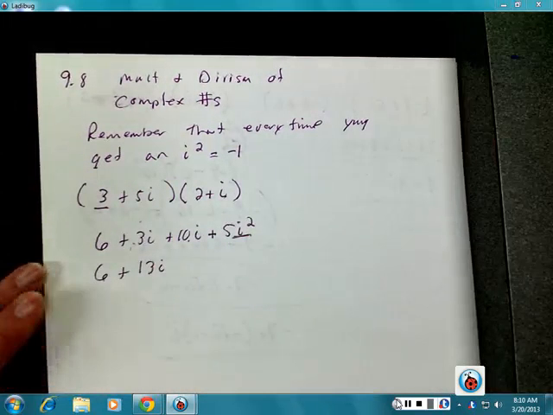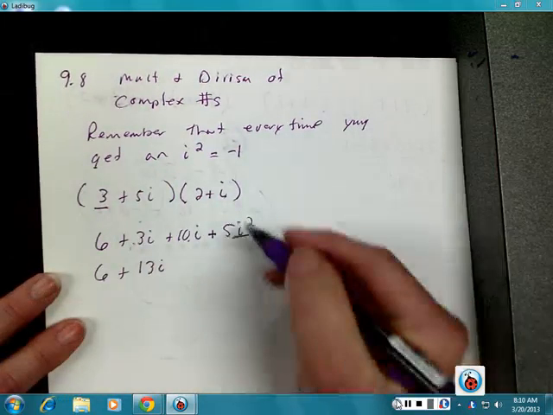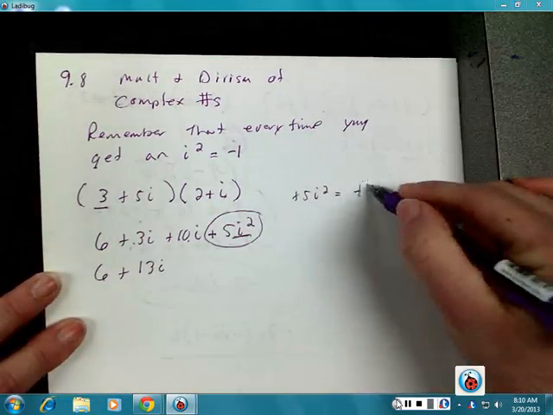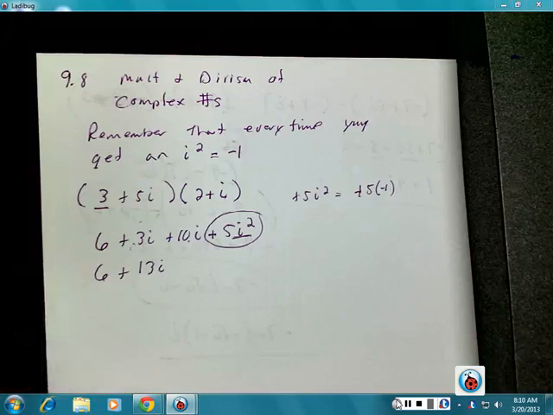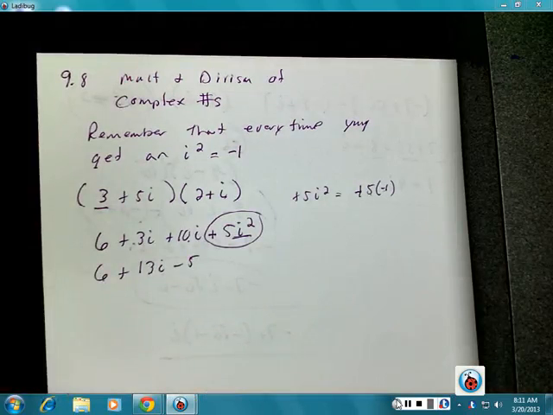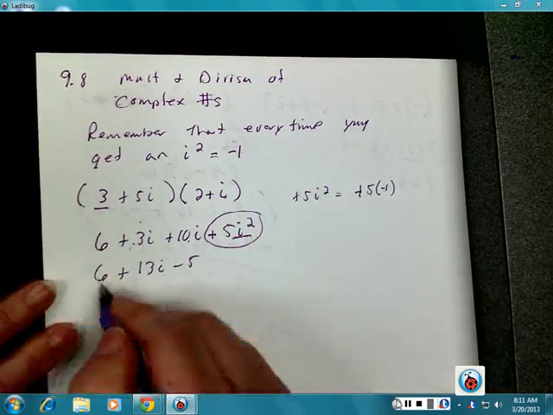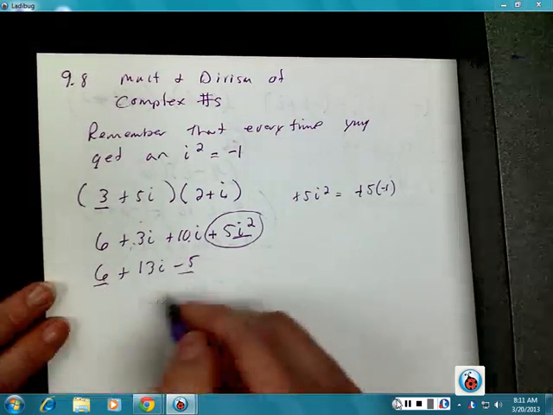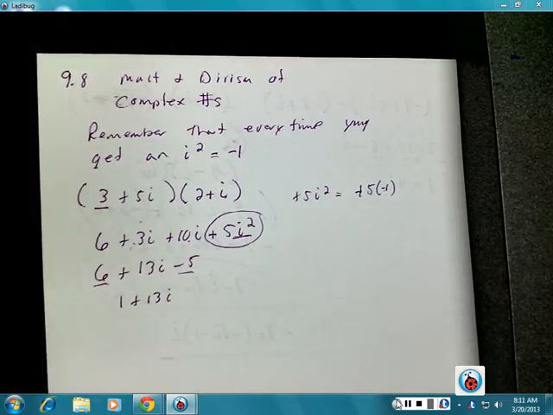But this, remember, is a -1. So really, plus 5i squared is plus 5 times a -1, which is a -5. Now I can put 6 and a -5 together, and that's going to give me 1. So my answer comes out to be 1 plus 13i. And that's all I have out of that. Okay? So with your combinations of stuff, you're going to get some things removed.